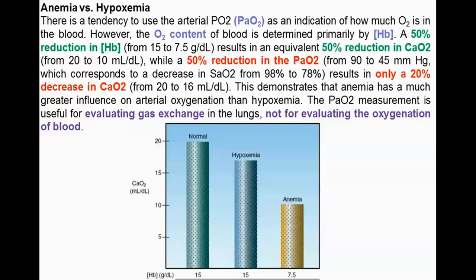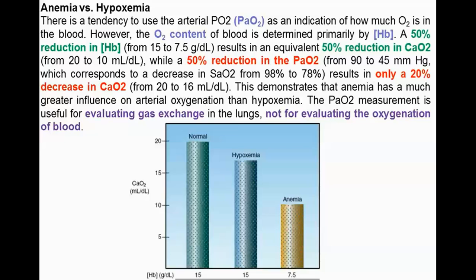If the PO2 decreases from 90 to 45, what will the saturation be? For a normal person with 92 saturation, what is the PO2? What do we mean by hemoglobin saturation?